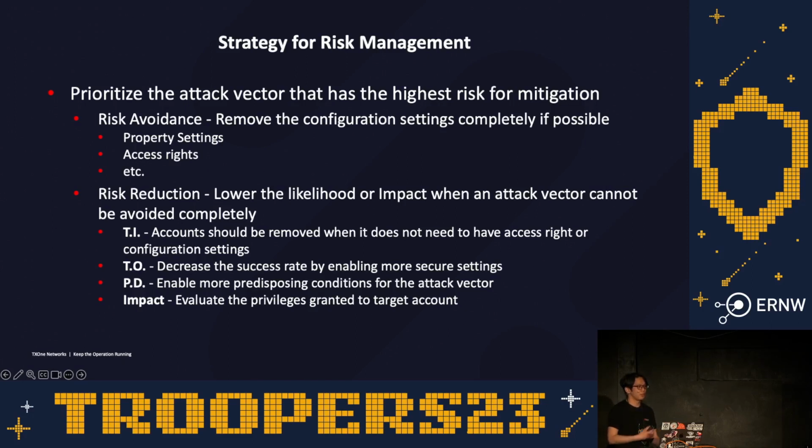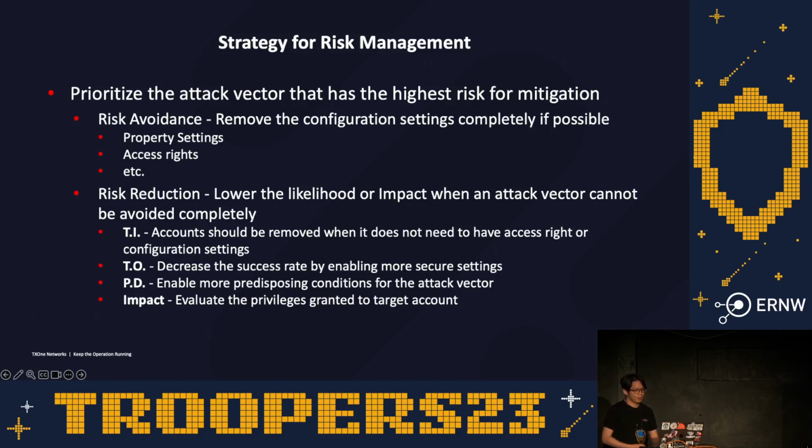So for example, previously we were seeing the Kerberoasting, and if there's any account that doesn't need it, we can just remove the service principal name from the property setting for this account. And we're also seeing the ACL abuse, so it's always a good way to remove the account which is not necessary for the granting right that can be abused.